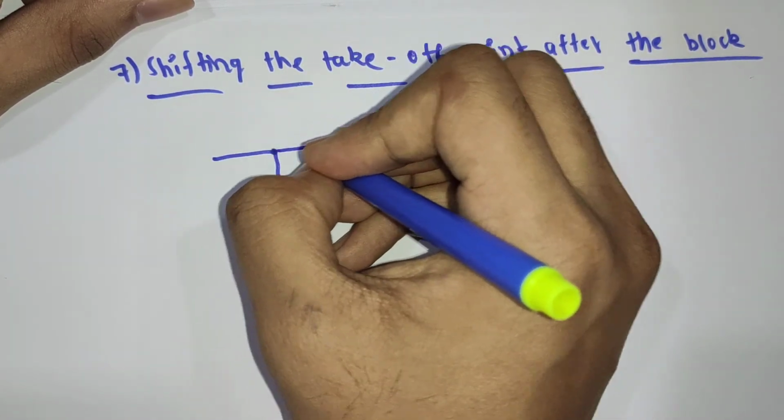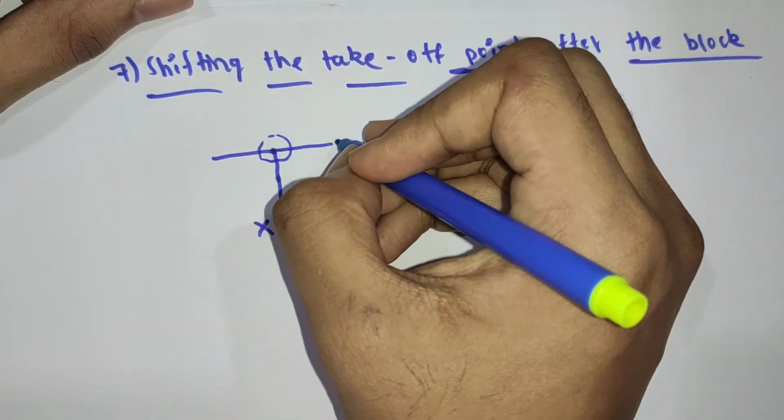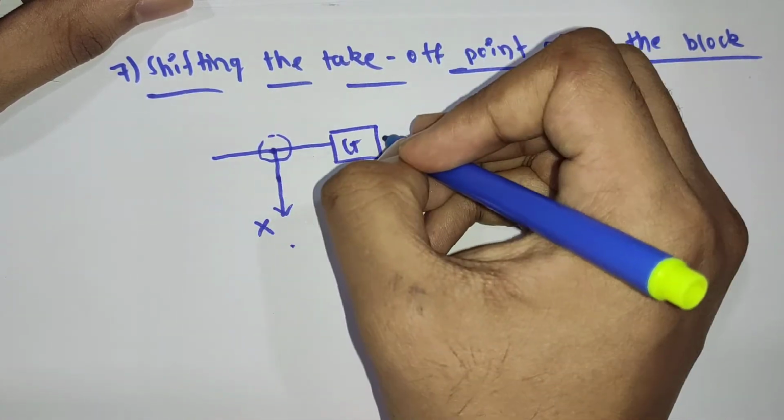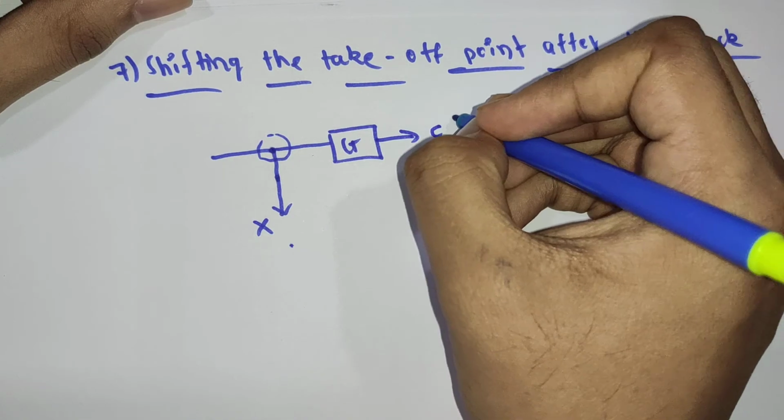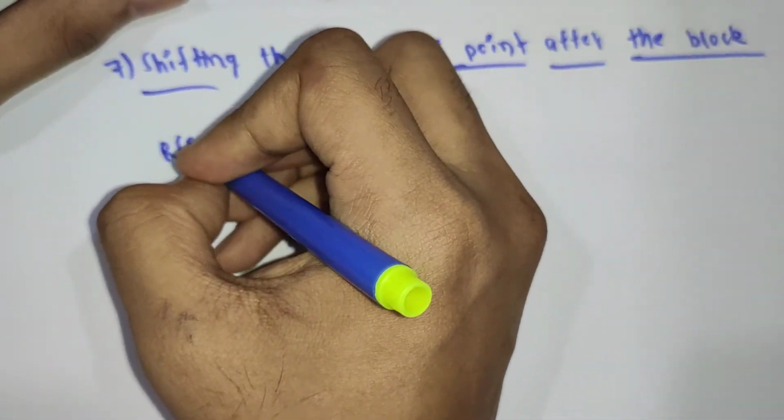Here I will draw the summing point. This is my summing point, this is my block G, here will be C(S), the input R(S).